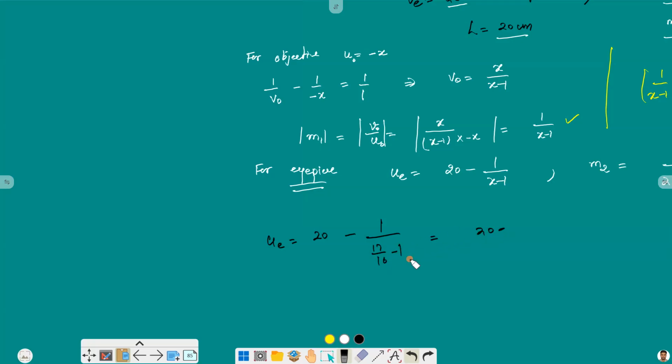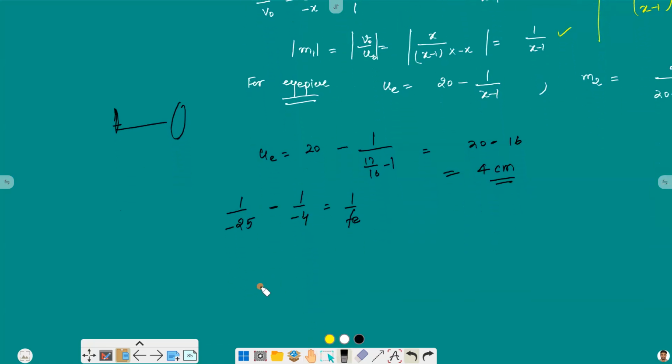This will give us 20 minus 1 by, 17 minus 16 by 16, that will be 1 by 16. So this will give us 4 centimeter. So U_E we have, V_E we have, and we will take this as negative because the object is in front of the eyepiece here. So we can write that 1 by negative 25 minus 1 by negative 4 is equal to 1 by F_E.